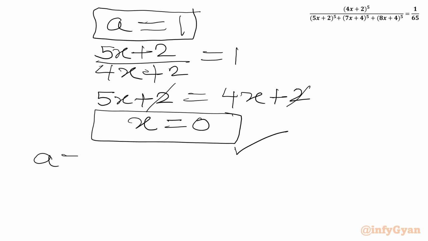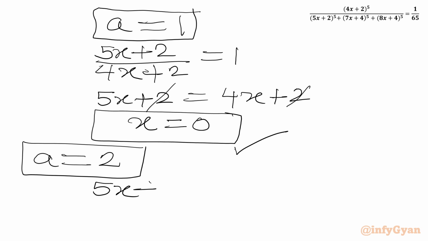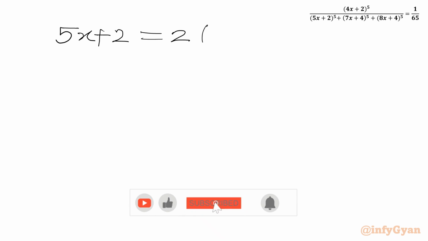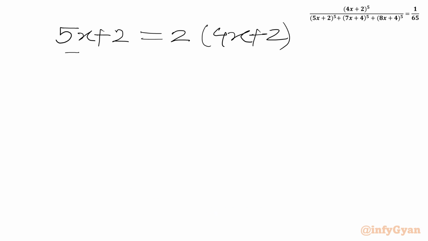So our first real solution would be x equal to 0. Now we will consider a equal to 2. Again we will write in place of a, 5x plus 2 over 4x plus 2 equal to 2. Now we will cross multiply. We will write 5x plus 2 equal to 2 times 4x plus 2, or we can write 5x plus 2 equal to 8x plus 4.